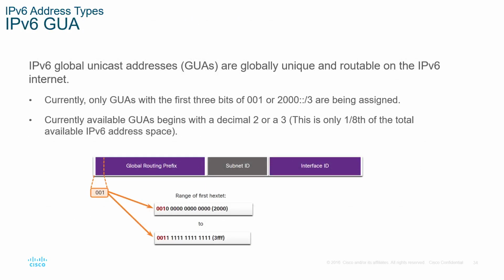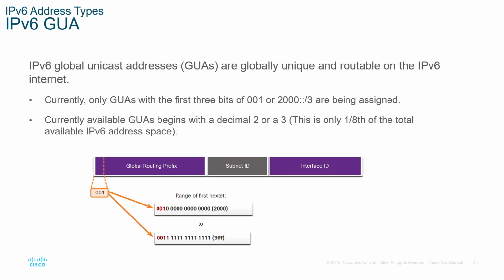Now, IPv6 global unicast addresses, or GUAs, are globally unique and routable on the IPv6 internet. Currently, only GUAs with the first 3 bits of 001, or 2000::/3, are being assigned. So pretty much everything we have nowadays on the internet of GUAs starts in the 2000::/3 range.